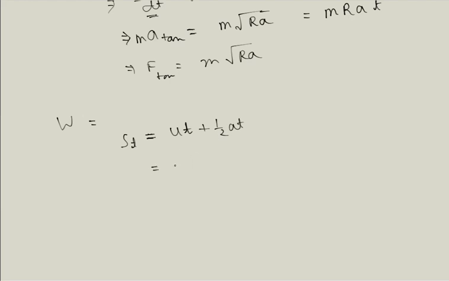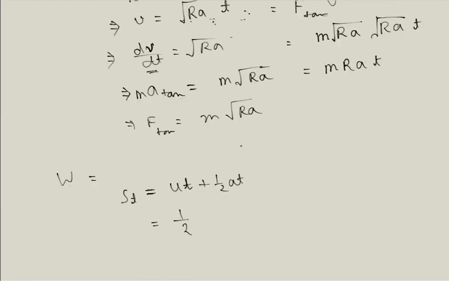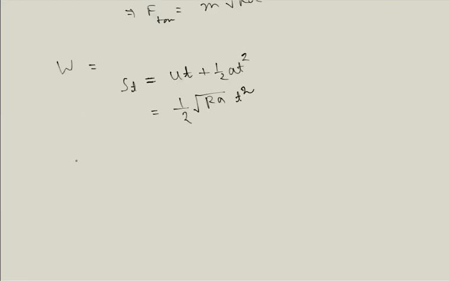Initial velocity was 0, so it will be just the tangential acceleration, which from this is r a, so half r a t squared. Now calculating the work done. Work done is nothing but the integral of F ds. Initial position was 0, final position will be s of t.